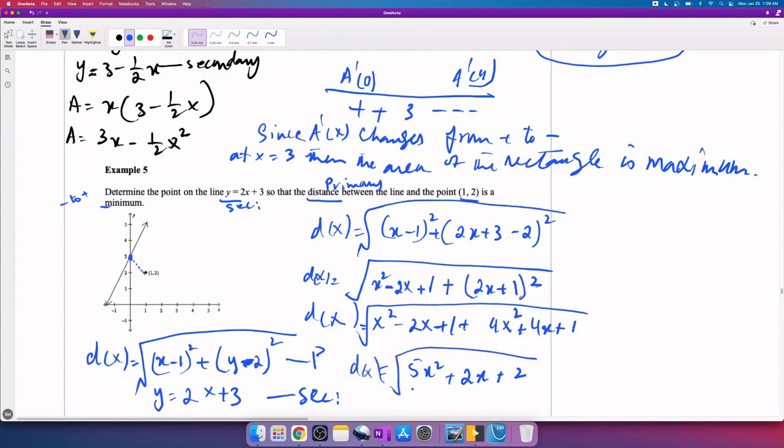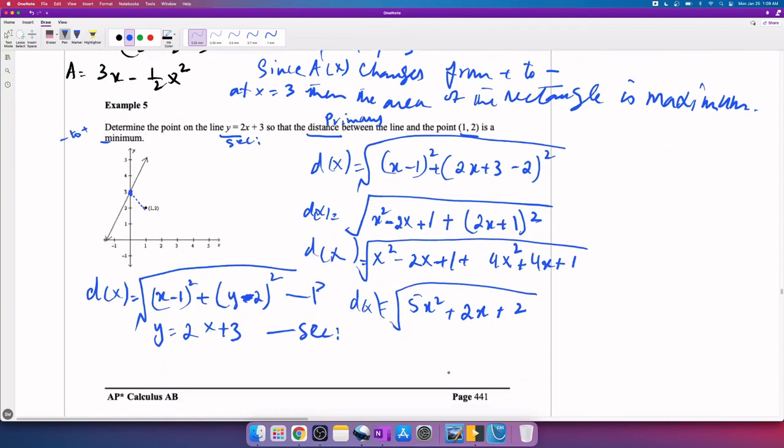Now I have to take a derivative of this, and if you guys remember, for every square root, we have to rewrite it and make it half. Square root is half. D of x equals 5x squared plus 2x plus 2, and everything is half. Now I'm going to take a derivative of that.